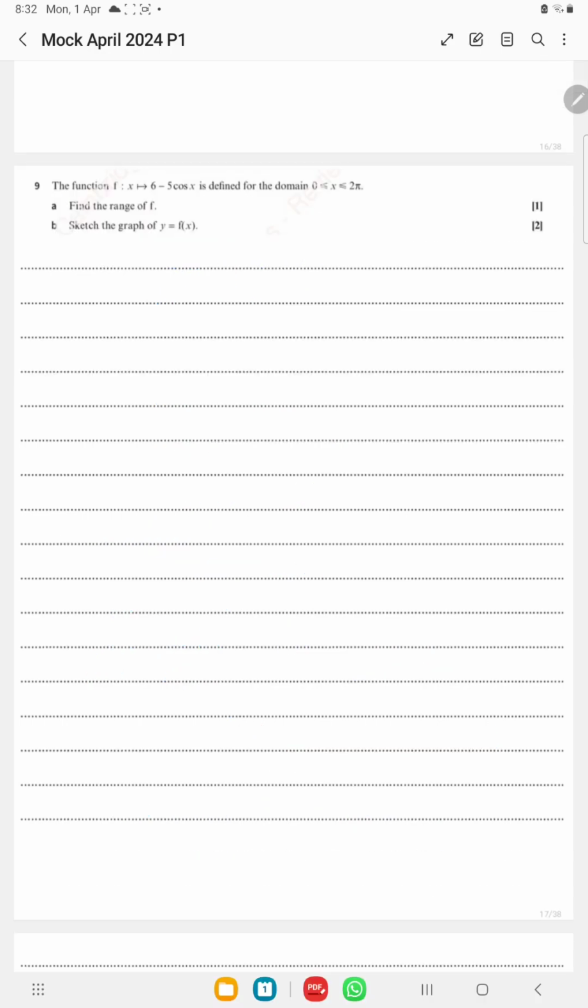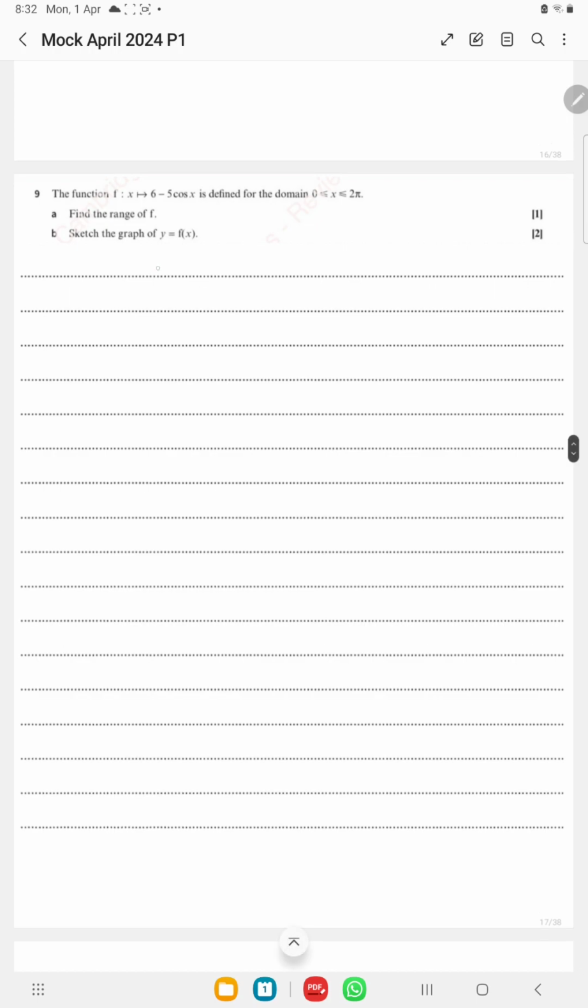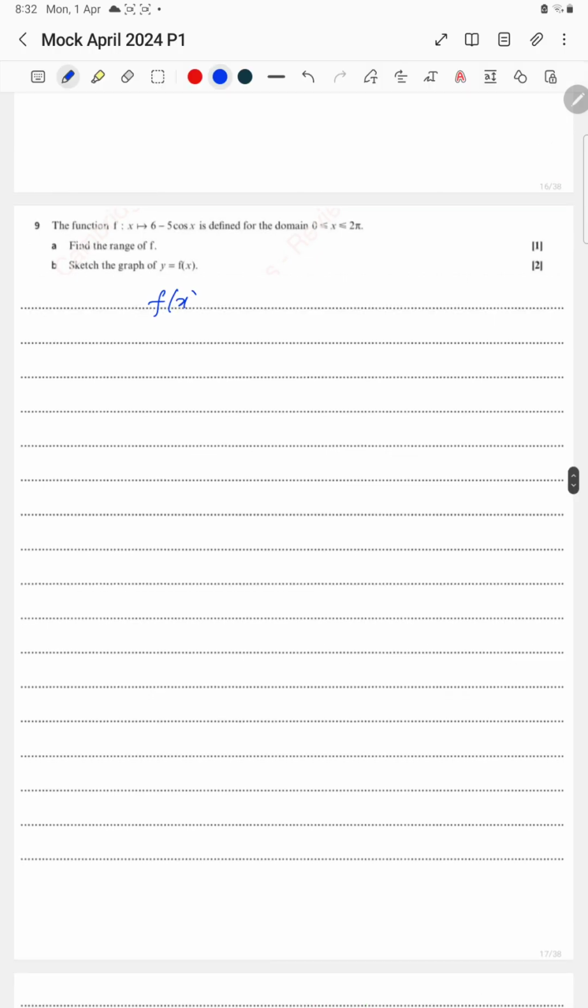So guys, question number 9. We are given the function f of x equals 6 minus 5 cos of x with domain 0 less than or equal to x less than or equal to 2 pi. We have to find the range of f. It is simple, and we need to sketch the graph as well. In one go we can easily make a table, the best way, because once you put 0 and 2 pi you will get 1 in both cases, but we need to get minimum to maximum.